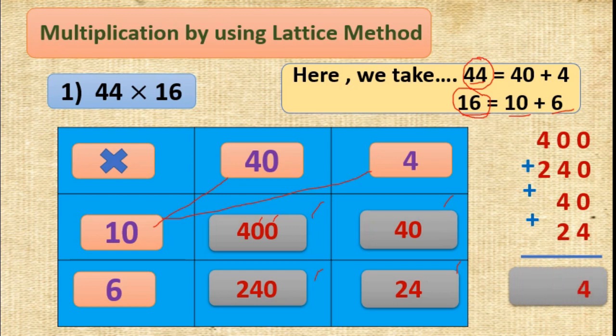In the tens place 4 plus 4 is 8 plus 2, that is 10. So I will write 0 down and 1 carried over. So 4 plus 1, 5 plus 2, 7. Isn't it? The product is 704. Got this? Okay, one more we will try.